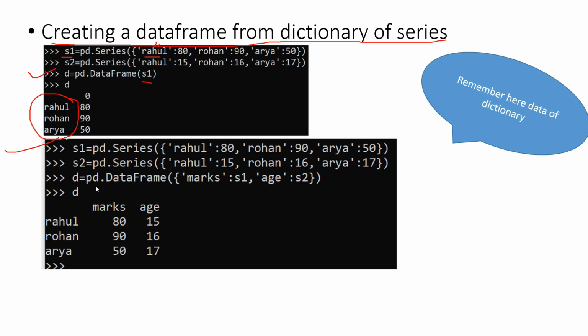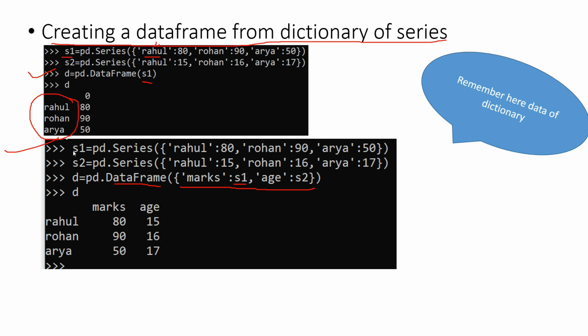Now in the second example, if you will see, I have used the same series. Okay, now d is equal to pd.DataFrame. Here I am using the dictionary, and the first key is marks. That means this will be treated as a column because we are using it inside the data frame, and you know that when we are using dictionary inside the data frame, then keys of the dictionary will be treated as the column. So we have here first column as marks, and inside that first column what we are passing?